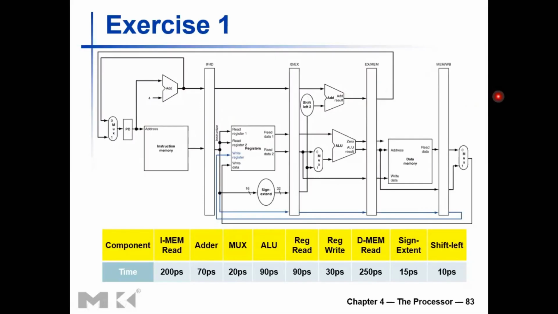And the clock cycle is decided by the slowest stage, the stage that consumes the most time, and the smallest clock cycle that you can use gives the maximum clock frequency that you can get for the CPU, right? So can you try and compute the times for each stage and tell me the maximum clock frequency you can use, or rather the minimum clock period that you can use?